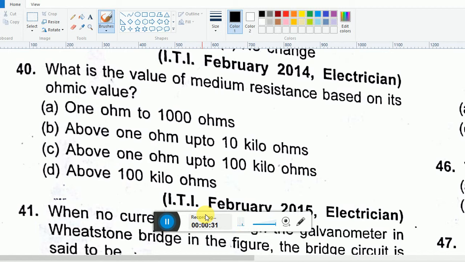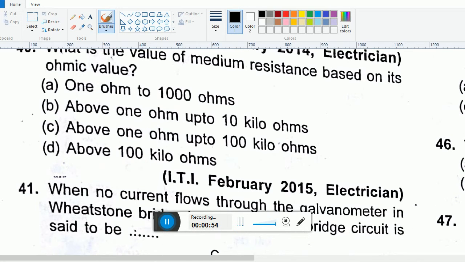The answer is C, above 1 ohm up to 100 kilo ohms. From 1 ohm to 100 kilo ohms, the resistance is known as medium resistance.